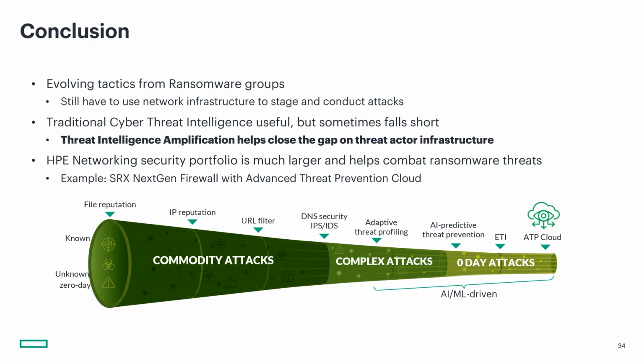And then you get into a little bit more complex attacks where you have to use a little bit more advanced engines. IPS is one of them. We have something called AI predictive threat prevention.